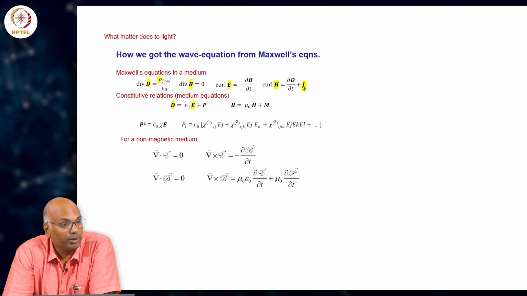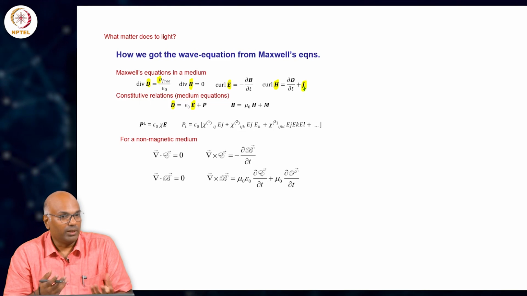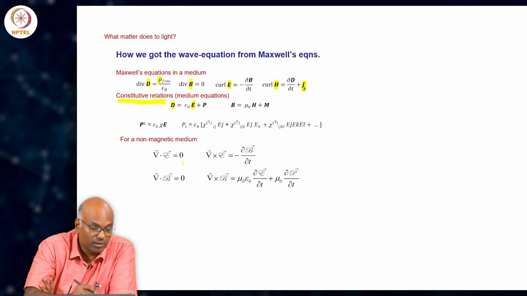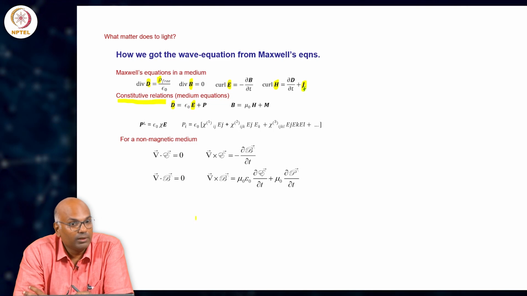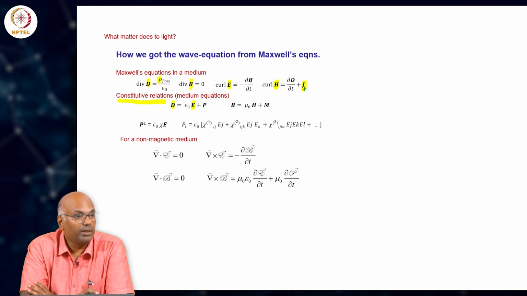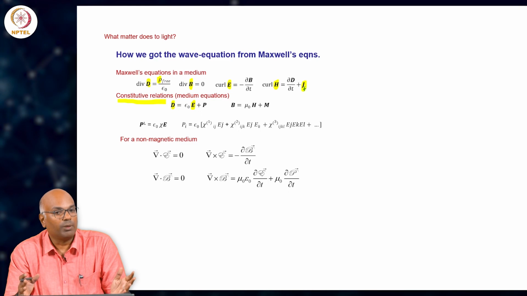Actually not, because I do not know the relationship between E and D. Who are these 4 guys, right? So, therein come the constitutive relations, which is another way of saying that E, D, H and B cannot always be the same irrespective of the medium in which the wave is propagating.